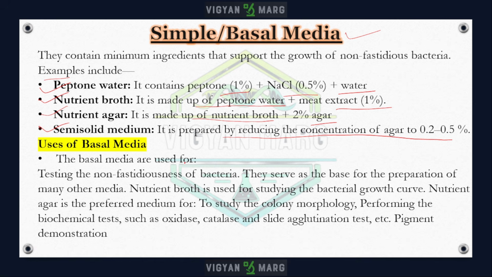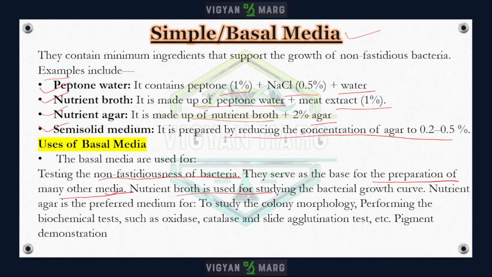Okay, and the uses of basal media. Basal media have several important uses. They are used for testing non-fastidiousness of bacteria: if it grows well on nutrient agar, it is non-fastidious. And they serve as a base for the preparation of many other media, by adding blood, serum, selective agents or indicators.